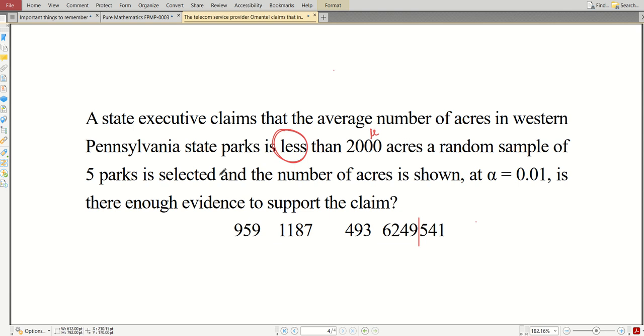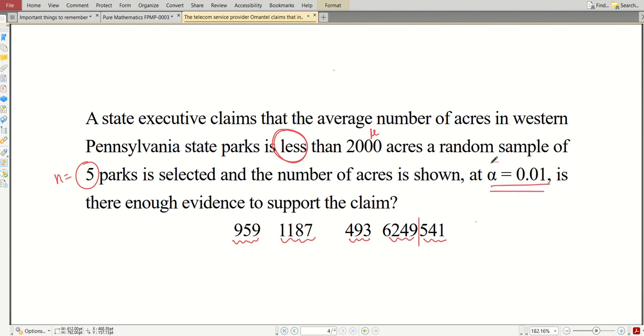A random sample of how many parks? 5 parks are selected. N is equal to 5. Clear? And the number of acres is shown. Here they have given values for the first farm, second farm, third farm, fourth farm, and fifth farm. That means the mean and standard deviation are not given, and the value of alpha is given.